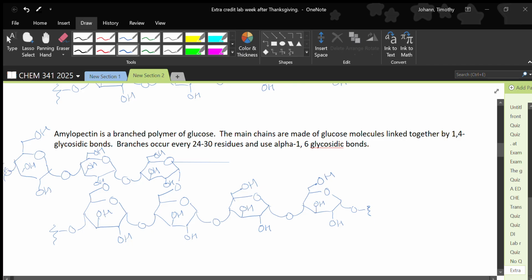All right, and then it just keeps going. So we have this polymer.